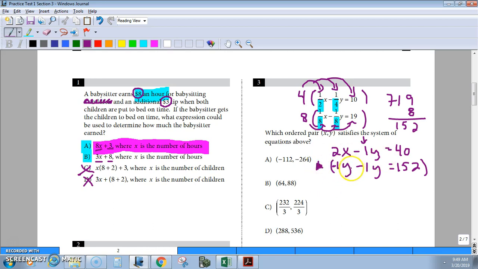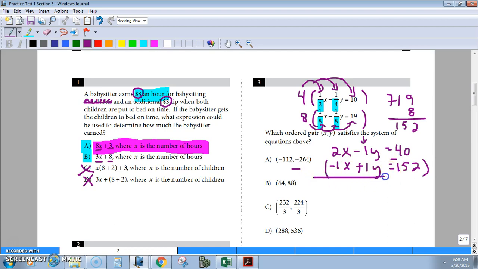So negative 1 times y is negative 1y. Oops, that's an x. How long have you been looking at that, yelling at me for having that be a y when it should be an x? Hope not too long. So if I multiply the second one by a negative, all that does is change each thing. Instead of a positive 1, it's going to be a negative 1. Instead of a negative 1, it's going to be a positive 1. And instead of a positive 152, it's going to be a negative.